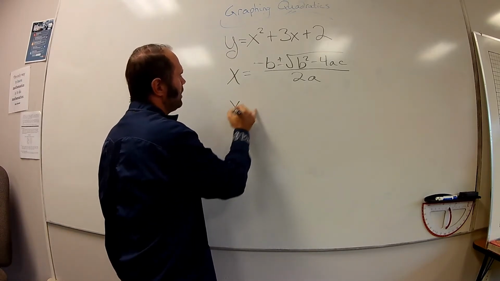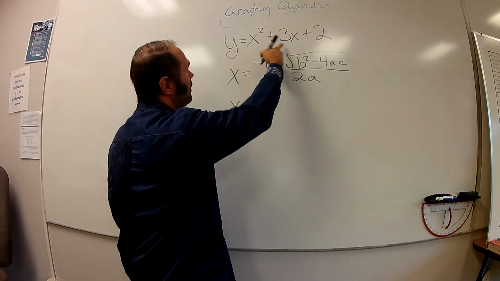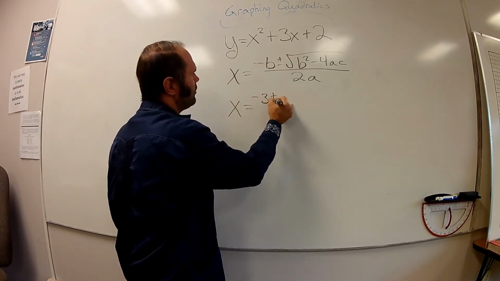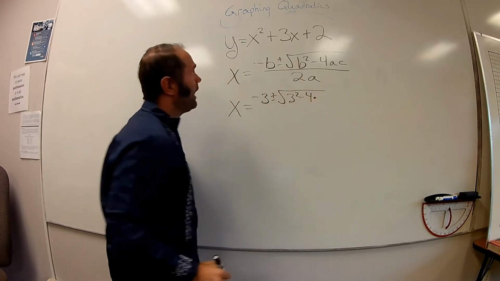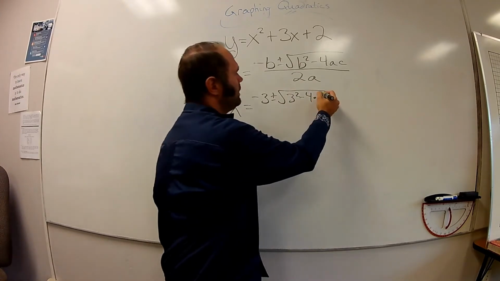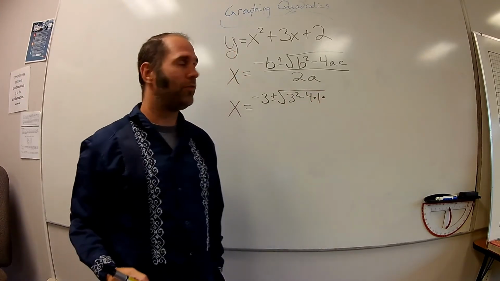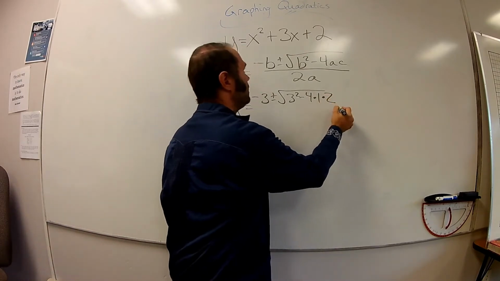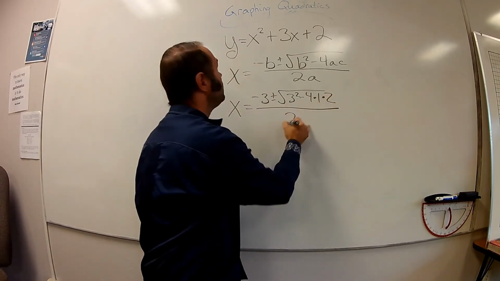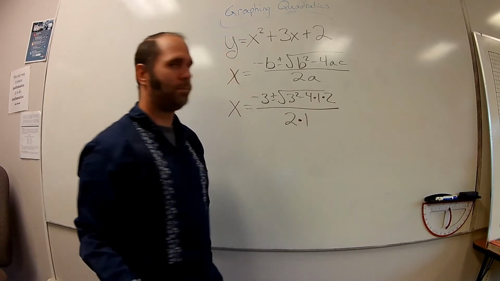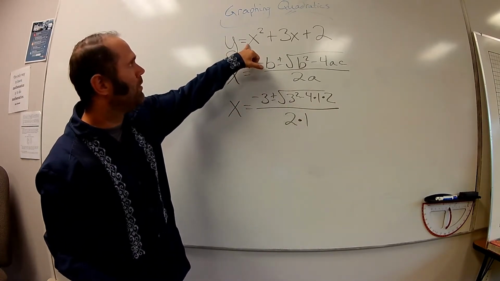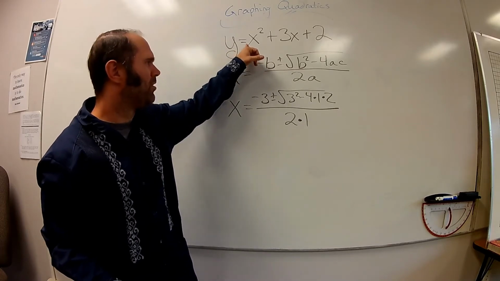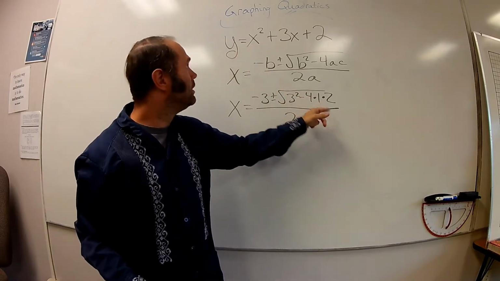And we're going to plug in our numbers. So b is 3, so negative 3 plus or minus the square root of 3 squared minus 4 times a, which is 1, times c, which is 2, all over 2a. Okay. Notice a is the number in front of x squared, which happens to just not be there, so it's 1.